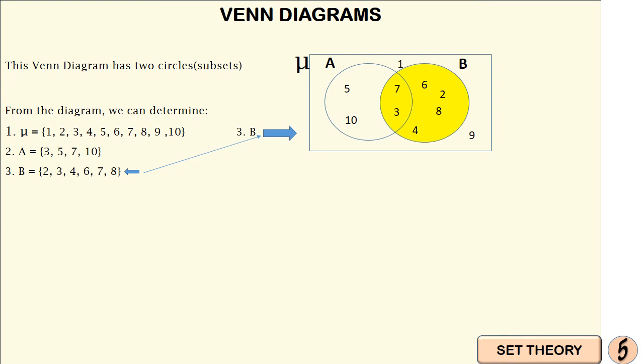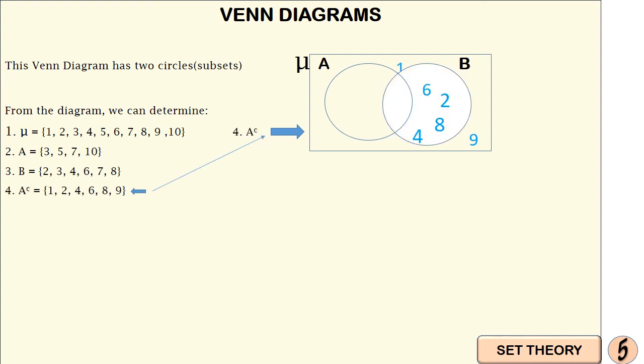On the other hand, the elements in B are the elements contained in the circle B, and the yellow ink helps us to identify them. These elements are 2, 3, 4, 6, 7, and 8.